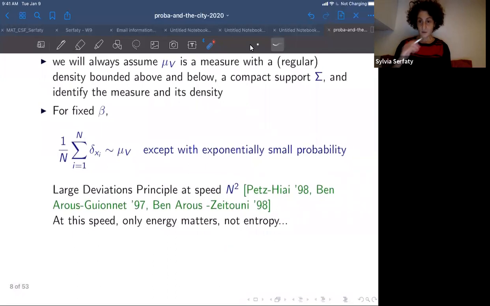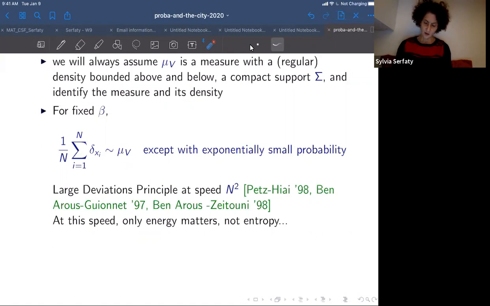And so as I was saying before, what you care about also is what's going on when there is temperature. And it turns out that the behavior doesn't change very much. So in terms of the average behavior, or the limit of the empirical measure, you still see the equilibrium measure, except with exponentially small probability.